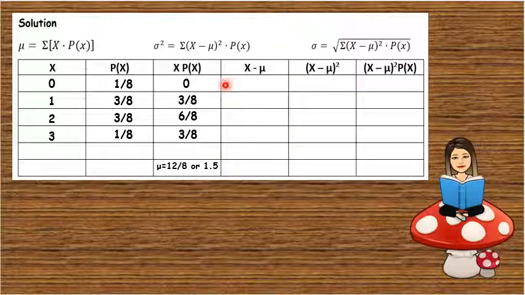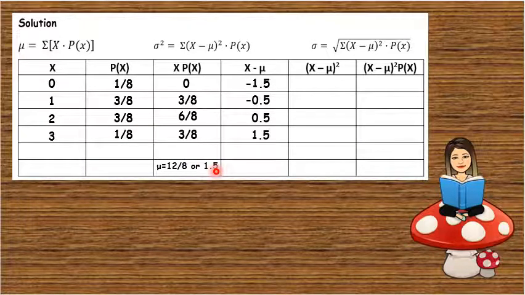Okay, next column, we have x minus mu. 0 minus 1.5 is negative 1.5. 1 minus 1.5 is negative 0.5. 2 minus 1.5 is 0.5. And 3 minus 1.5 is 1.5.